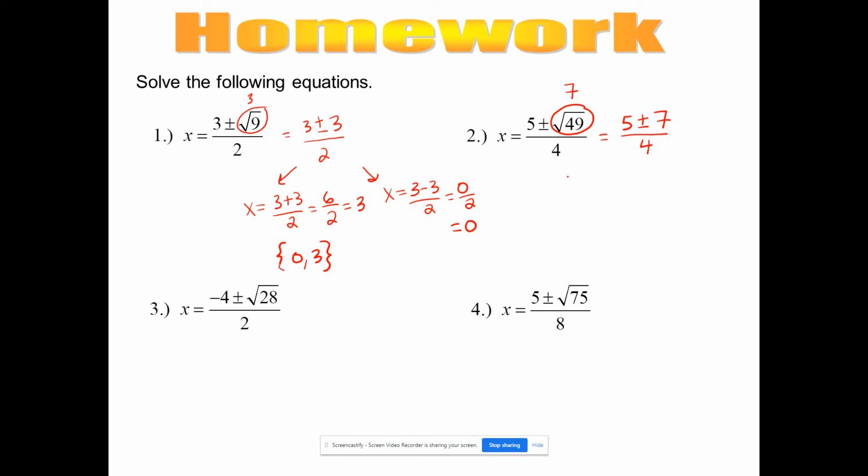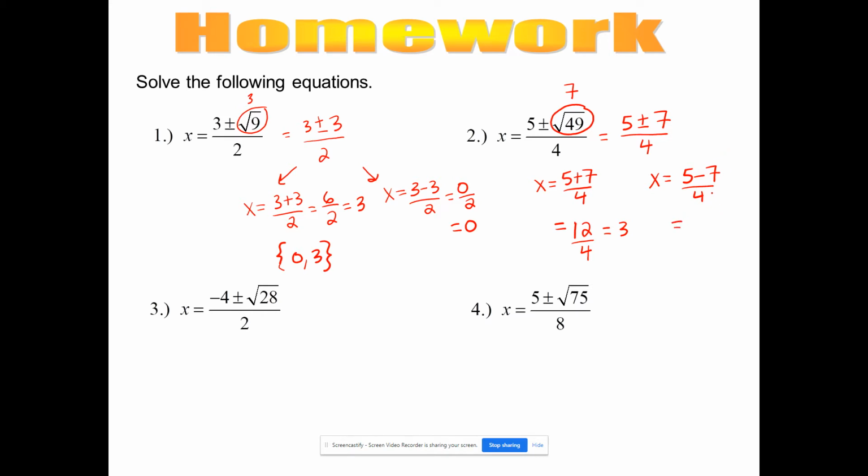Okay, and then I have 2 different equations. I got x equals 5 plus 7 over 4, and I've got x equals 5 minus 7 over 4. Okay, so reducing here, 5 plus 7 is 12. Let's do it again. 12 over 4, which of course equals 3.